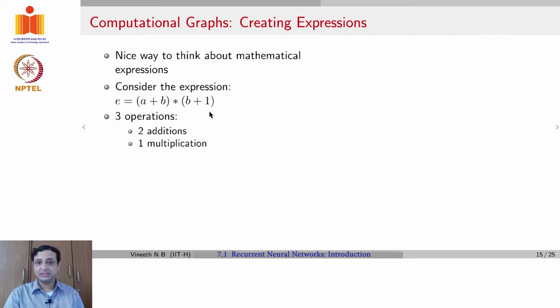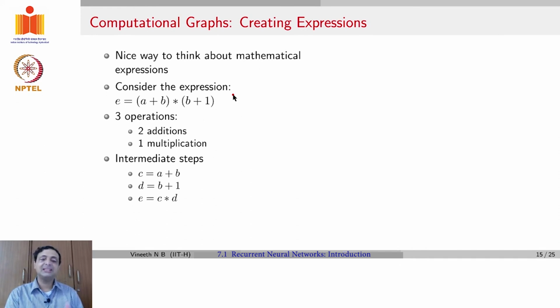There are 3 operations here, 2 additions and 1 multiplication. One could write this entire expression as a sequence of intermediate operations. What are those intermediate operations? You can first say C is equal to A plus B, D is equal to B plus 1, and E is equal to C into D, which is your final output.